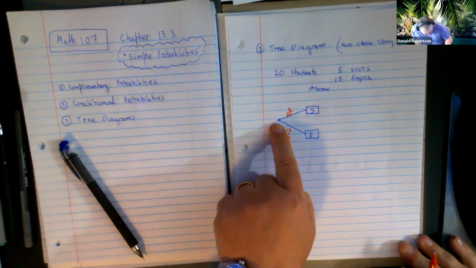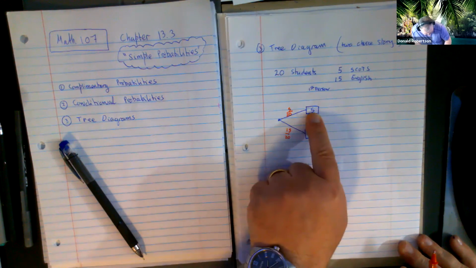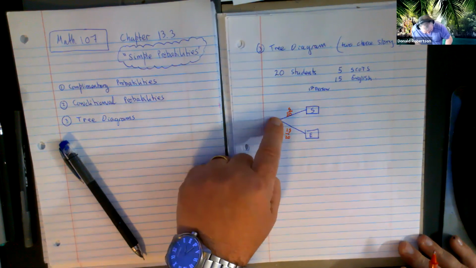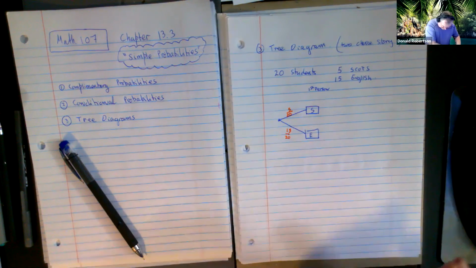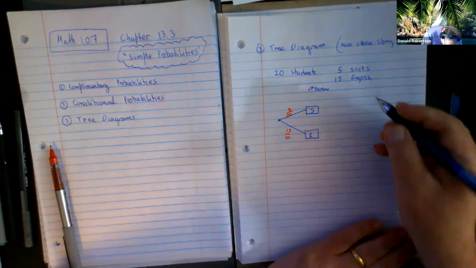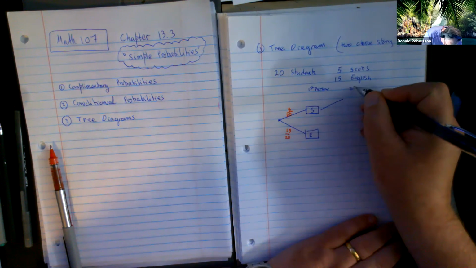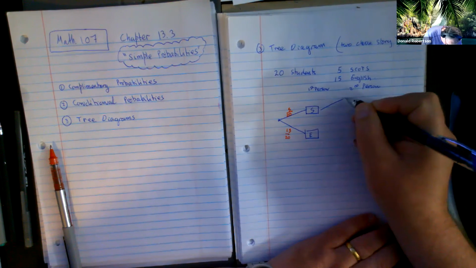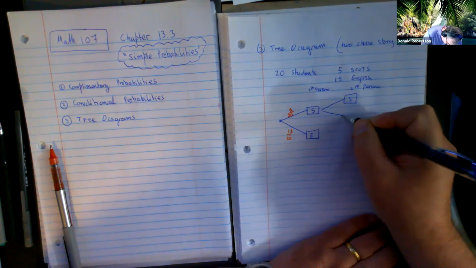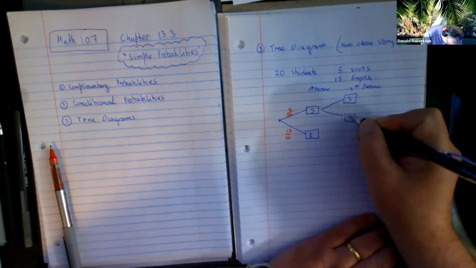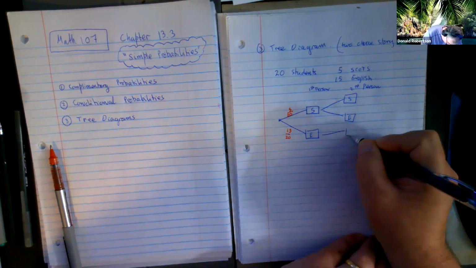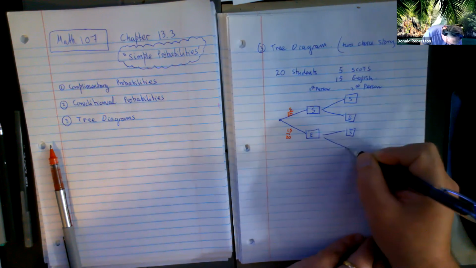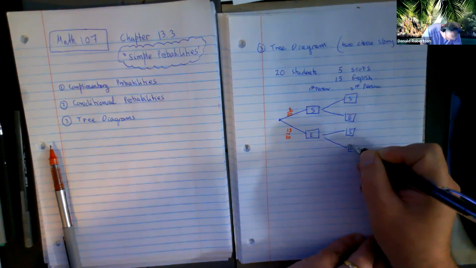So I can say, 5/20ths chance of picking a Scotsman, 15/20ths chance of picking an Englishman. And then you do your second person. That second person could be Scottish, or they could be English. Could be Scottish, or they could be English.